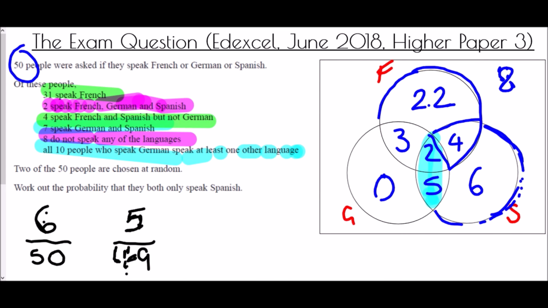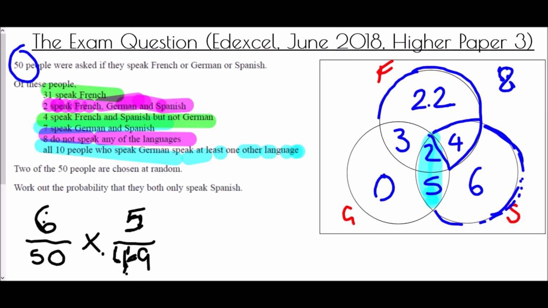And again, because this is 2 people both speaking, that is like me saying one person who speaks Spanish and another person, and that 'and' creates a multiply. So we're going to multiply 6 over 50 times 5 over 49.